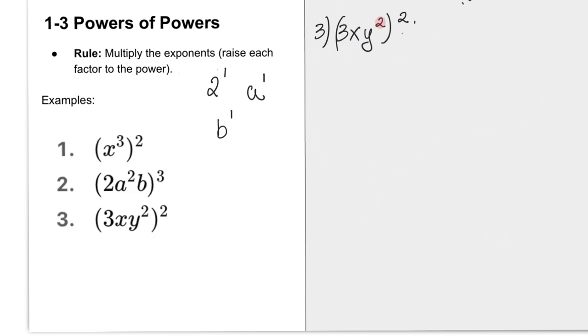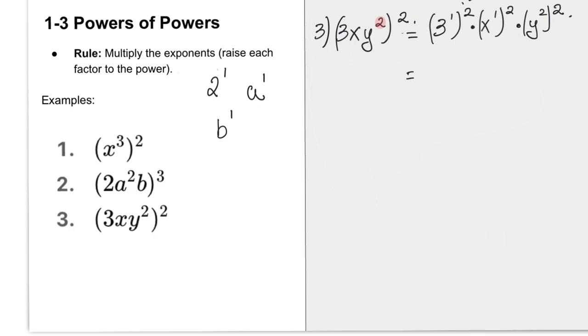This means that every single factor has to be raised to the second power. Let's rewrite this to organize the information a little bit better. So 3 to the first power should be raised to the second power. X to the first power should be raised to the second power. And y raised to the second power should be raised to the second power.